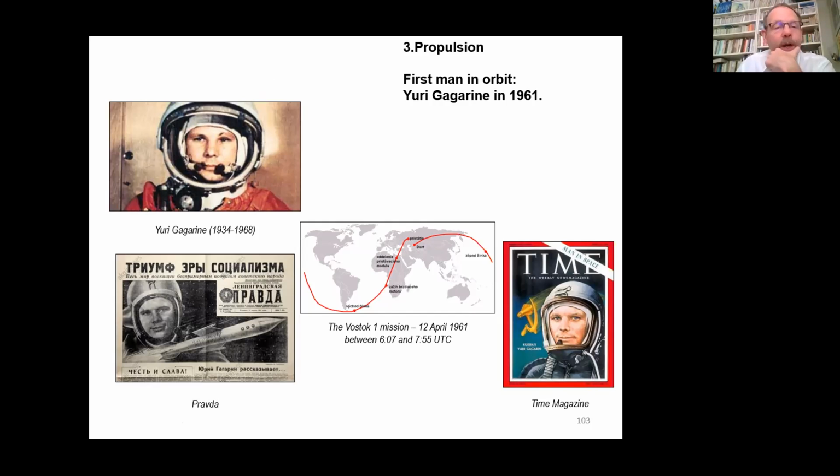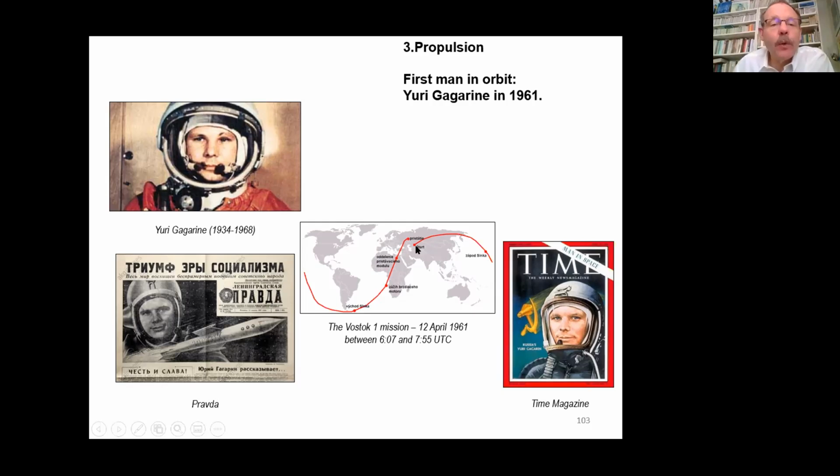So that means 108 minutes. With the Vostok 1 mission, you have here the track from the start, to the east, always to the east, to take benefit of the Earth's rotation, and come back close to the start point.